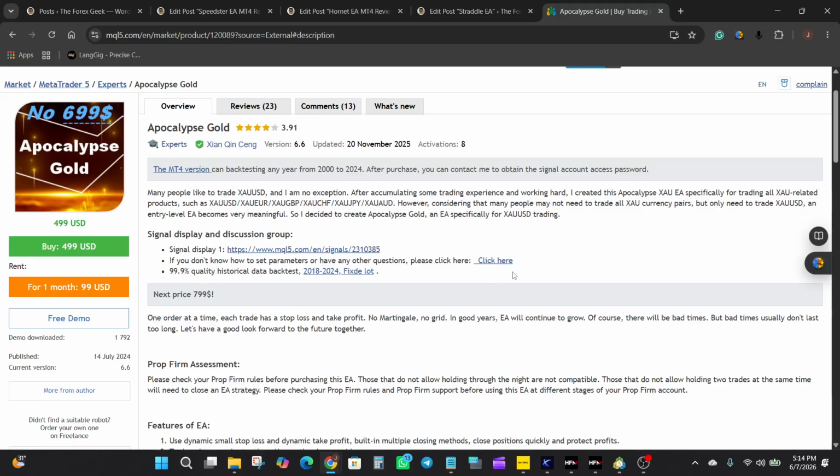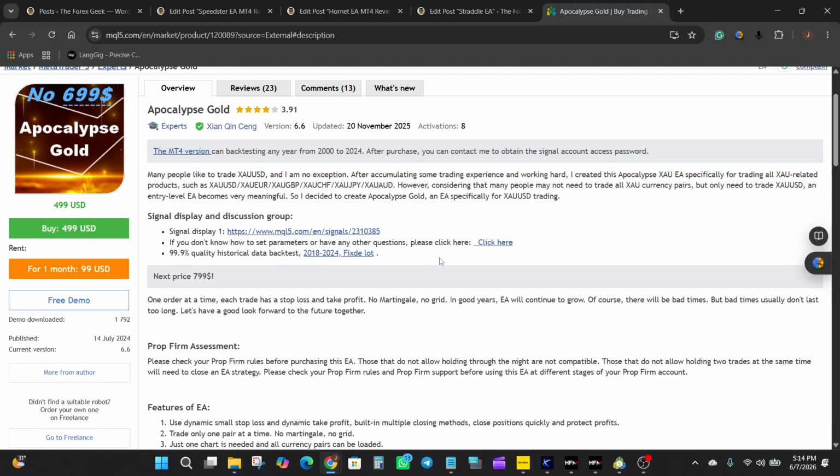I also see that the EA is designed without martingale or grid style trading, which is something the developer emphasizes. That means the logic is centered more around controlled entries rather than scaling or averaging down positions.